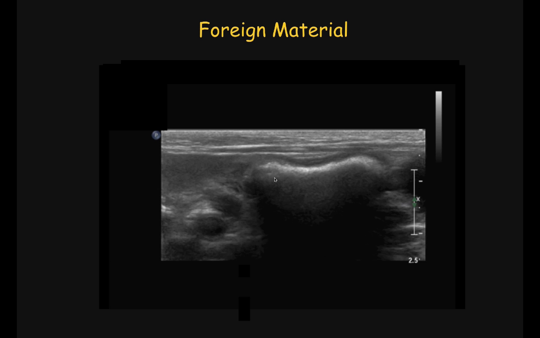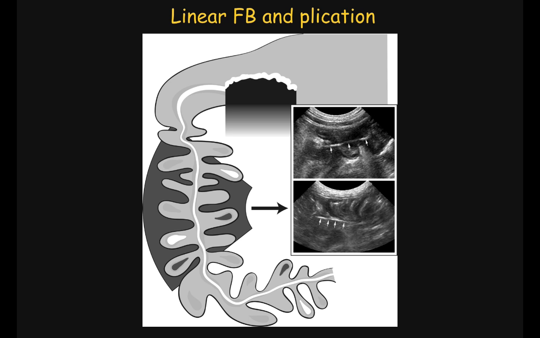An elongated foreign body is not necessarily a linear foreign body that induces plication. As we see in this drawing, in linear foreign body, we usually have a component that is somewhere stuck within the GI tract. In this example, it is anchored in the antrum.